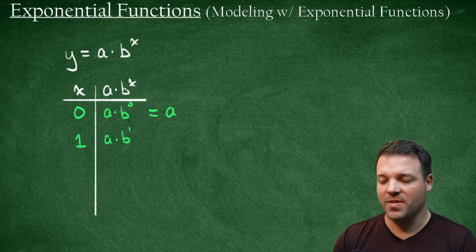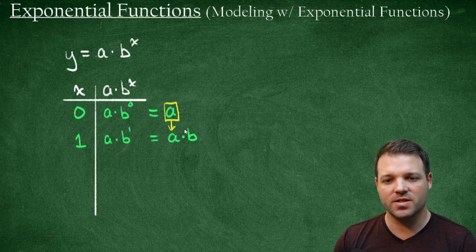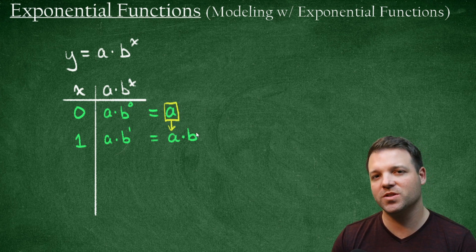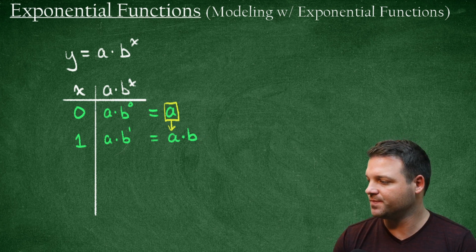Now, as x moves on to 1, then I have, of course, a times b to the first power, which is a times b. And I just want you to notice that this value has the previous value in it. In fact, it has a in it, and then we're going to multiply by this value b, this factor we call it.